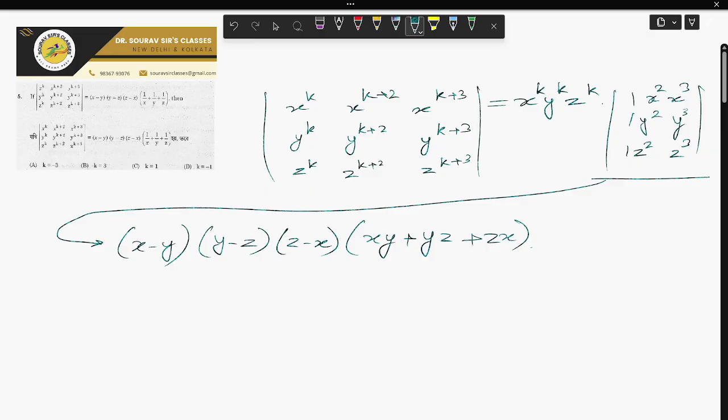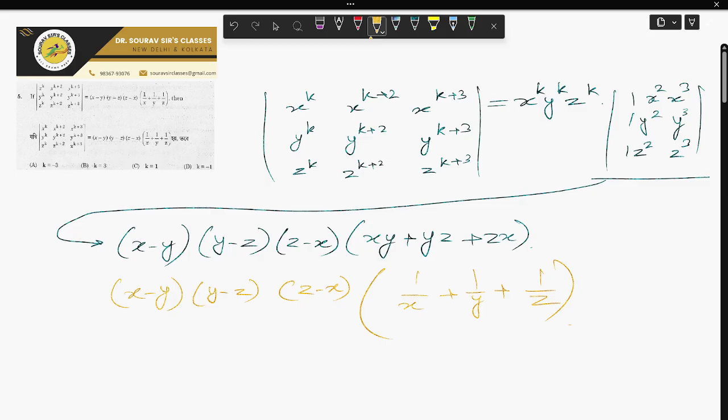Now we are going to compare it with the given expression, which is (x minus y)(y minus z)(z minus x) into (1 by x plus 1 by y plus 1 by z).